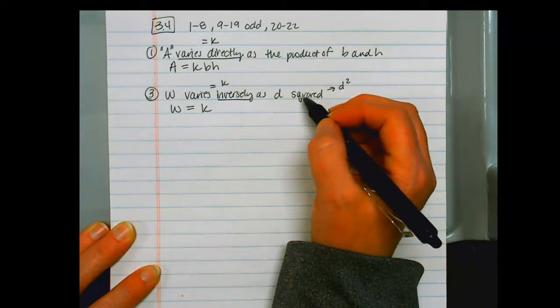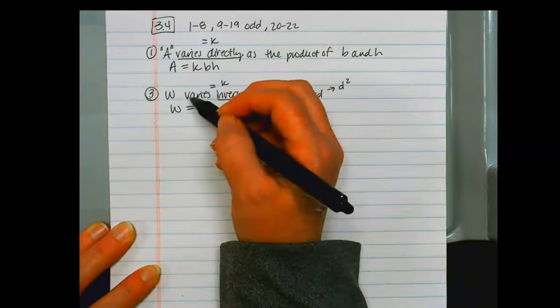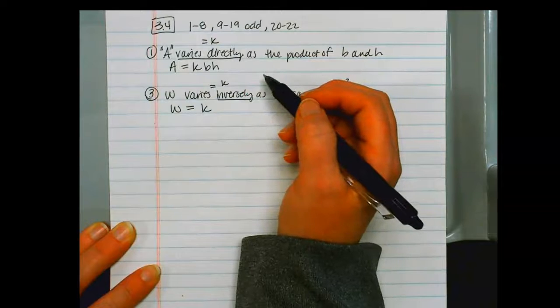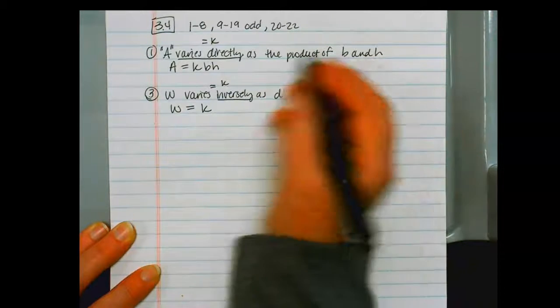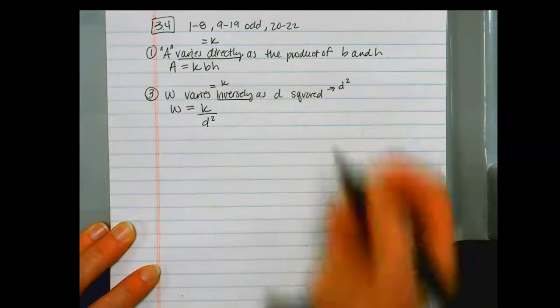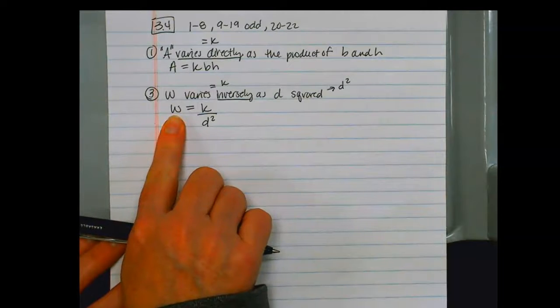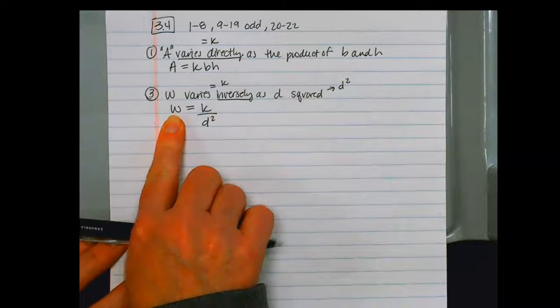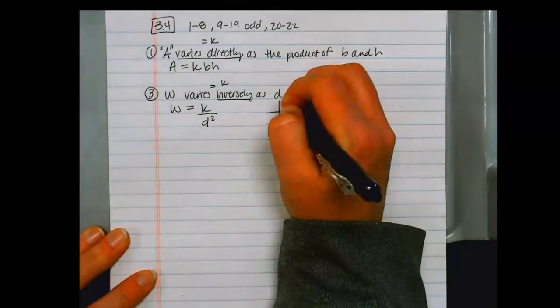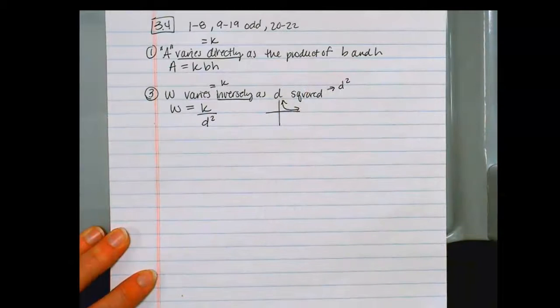Y varies inversely as d squared, which means d squared goes in the denominator. It means that as d grows, and in fact it's going to be squared, this value is going to get smaller. It looks like this kind of variation, as opposed to as x gets bigger, y gets bigger.